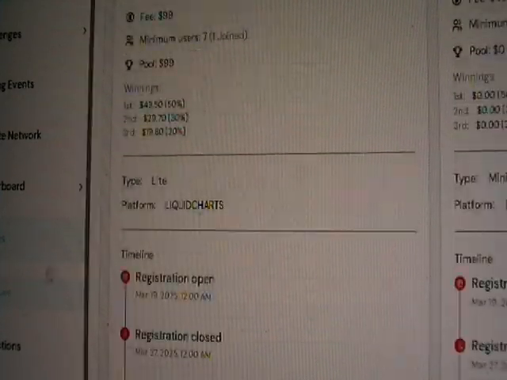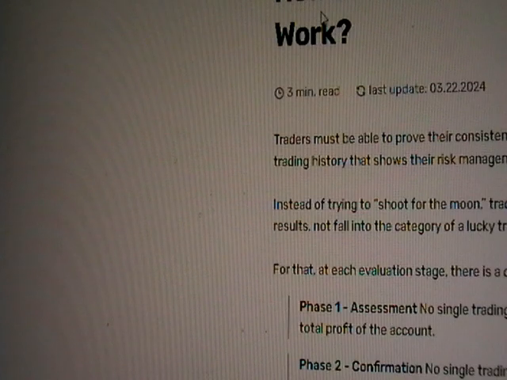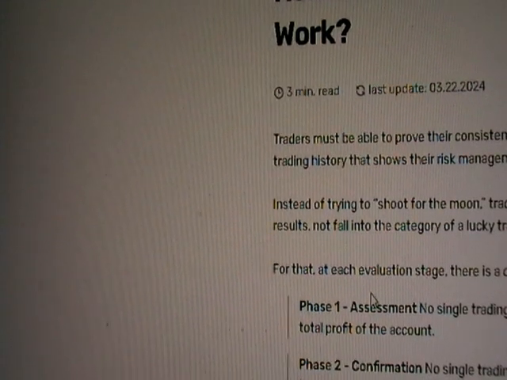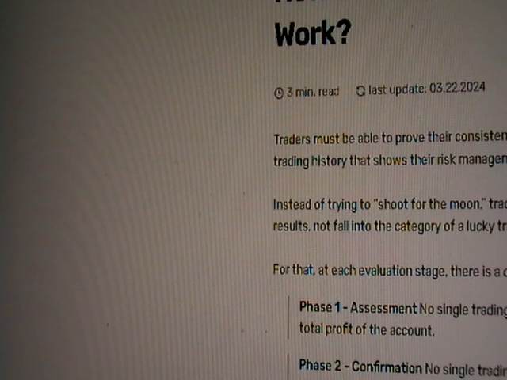Oh, this is interesting. Like, oh boy. The fuck was that sound?